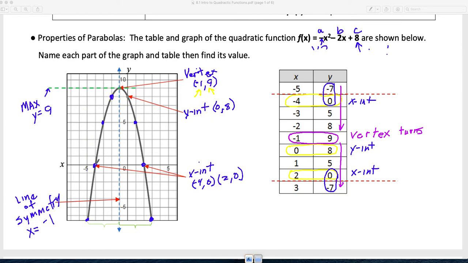Well, if I went from a negative to a positive, and a positive to a negative, I crossed the x-axis. Why would I care about that? Because it's going to tell me where my x-intercepts are. If they're not right there present in the table, I can actually estimate them really, really closely. So right there where that red line is, we cross the x-axis.